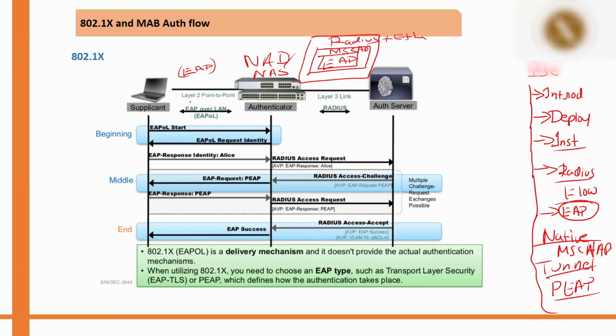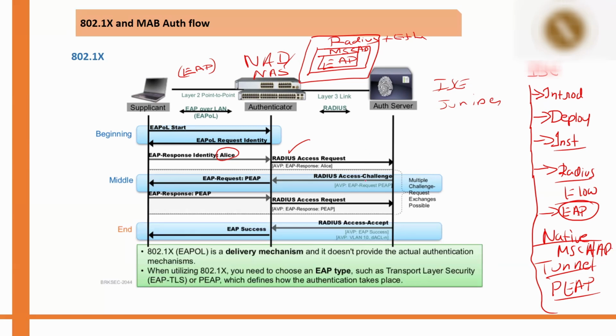For identifying itself into the network, the identity is the username that the supplicant is going to send to the authenticator, and the authenticator, through the RADIUS protocol, is going to forward that request to the authentication server, that is Cisco ISE. Or else you can be using some Juniper application or any other identity server you might be using. So it is going to send to that.